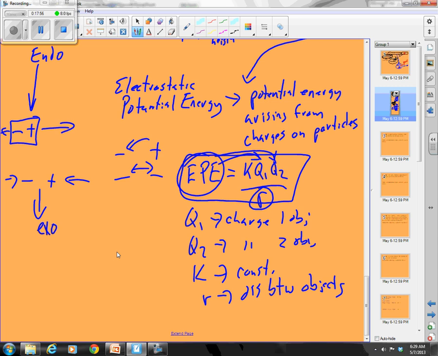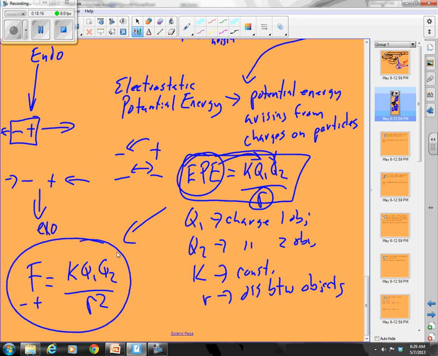That is my electrostatic potential energy. And next year, the big equation you're going to want to learn is the force between a positive and a negative, equal to K Q1 Q2 over R squared. This is what we call Coulomb's law. But I'm getting a little bit ahead of myself.